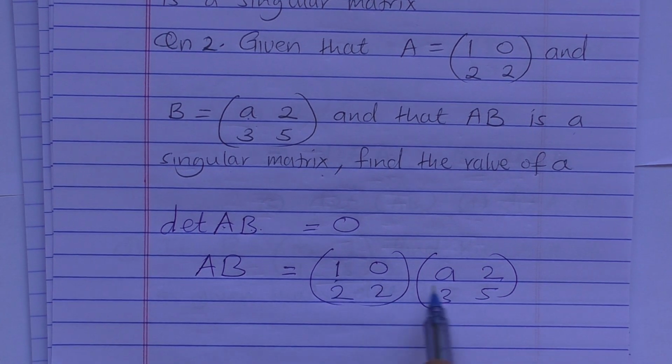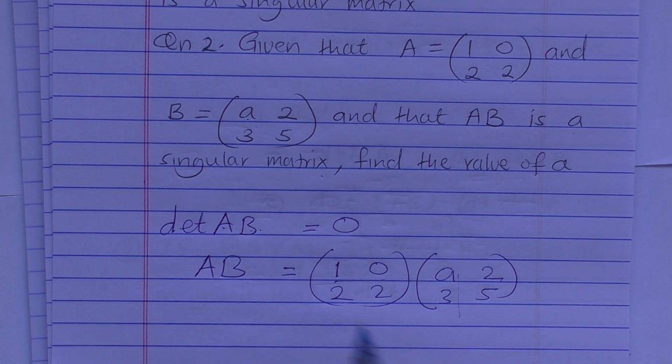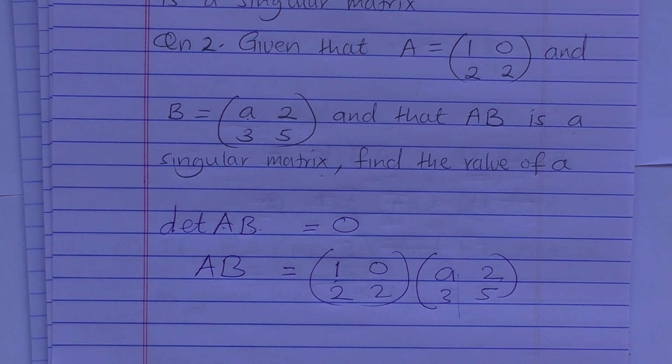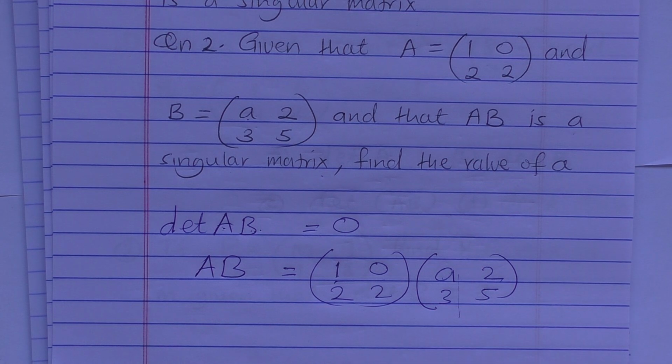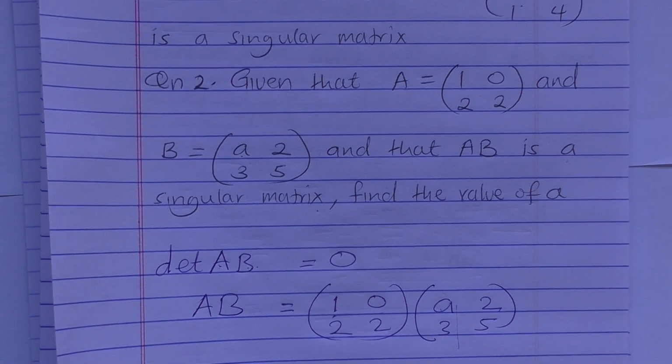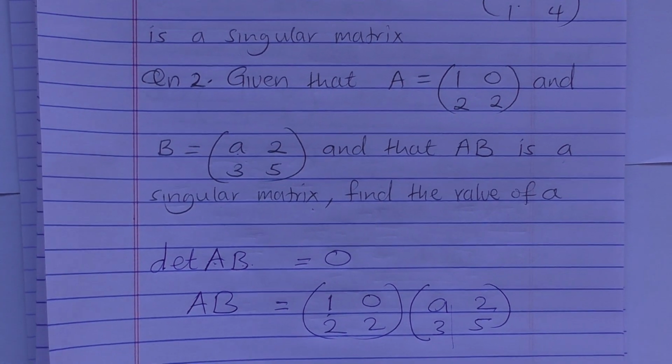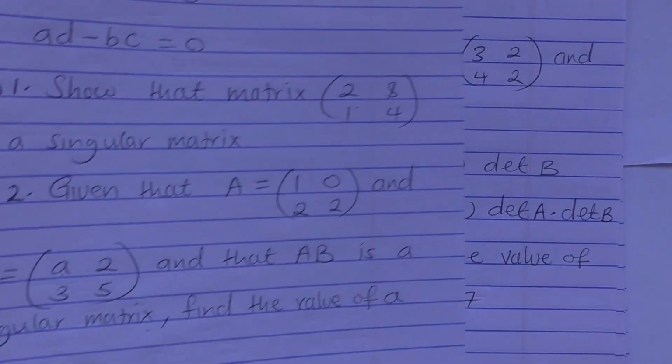Remember, we multiply row by column. After multiplying, we shall get a determinant and equate to 0 for us to get the value of A. So you are going to complete that. Otherwise, that's all about the singular matrices.